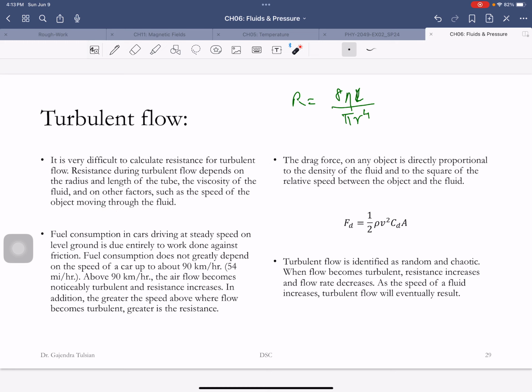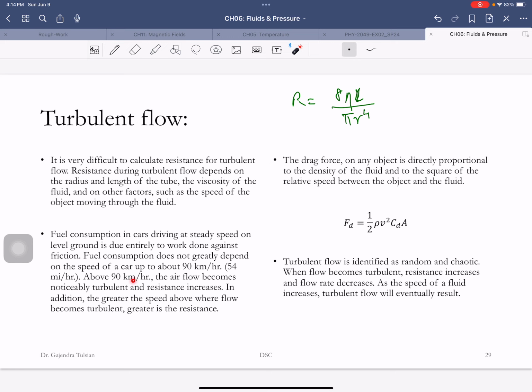So for instance, in your cars, if you drive at 55 miles an hour or lower, then there's no turbulence. So fuel consumption in cars driving at steady speed on level ground is due entirely to work against friction. So as long as fuel consumption does not greatly depend on the speed of the car, up to 55 miles an hour.